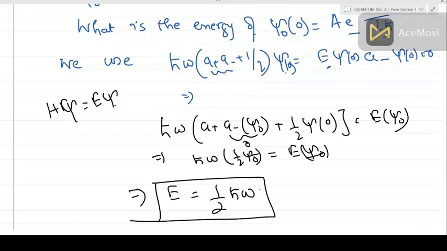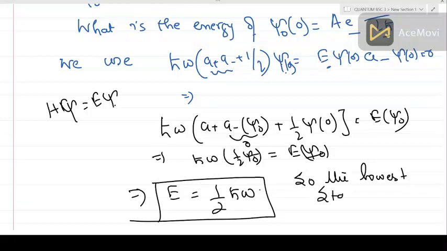Omega is the frequency, h bar is the Planck constant, and this is very fundamental physics. The lowest state has a finite amount of energy, because omega is root under k by m, it is not 0.